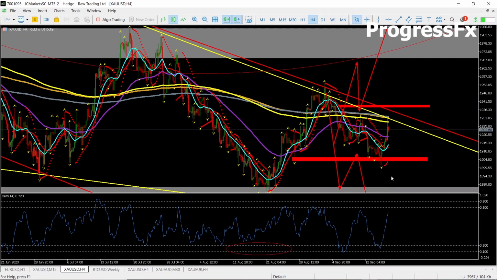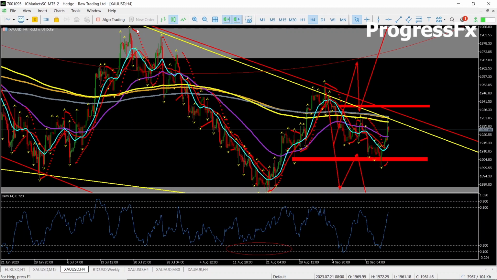The point here is the expectation at this point is done. As you can see, this resistance area has been tested by the gold price last week, and of course for the price of gold to close above the 31st monthly moving average, it's indicating a possible uptrend.